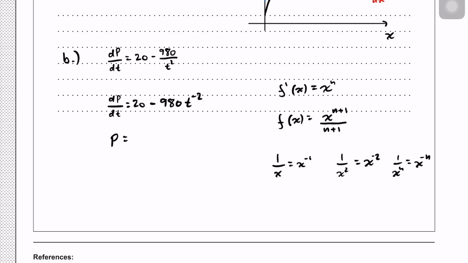So here we go, 20, this would be 20t minus, so let's go ahead and add 1 to our exponent here. So we have minus 980, and we're adding 1 to the exponent. So that would be only negative 1, t to the negative 1.